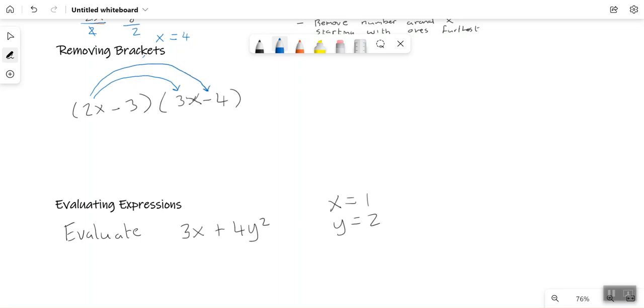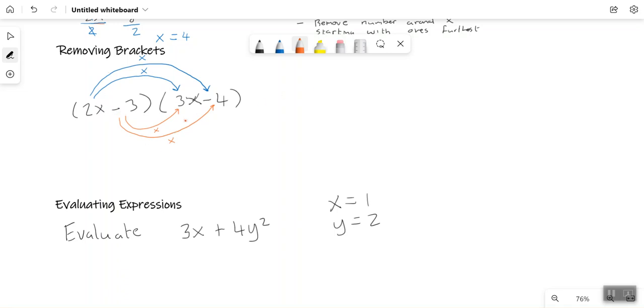Okay, so that's what it means, multiplying. And it also means that you're taking this term and multiplying it by this, and this term and multiplying it by this.